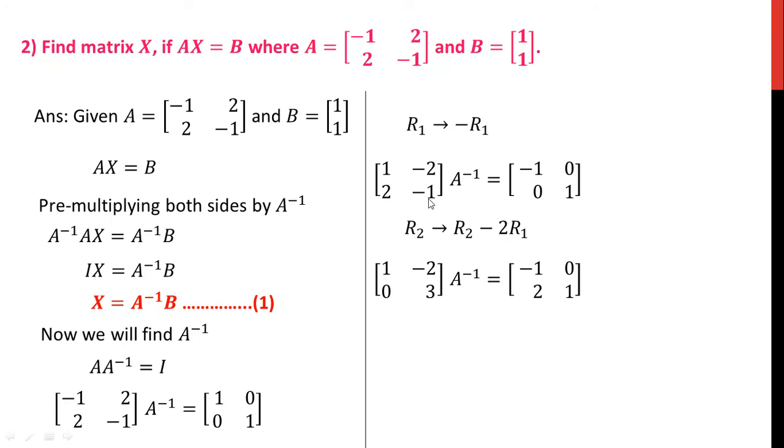See the calculation carefully: -1 minus 2 into -2 is +4, so -1 plus 4 becomes 3 as per this transformation. Into A inverse is equal to, on the right hand side, what will you get? See here, 0 minus 2 into 1, minus into minus, plus 2. So here you will get 2.